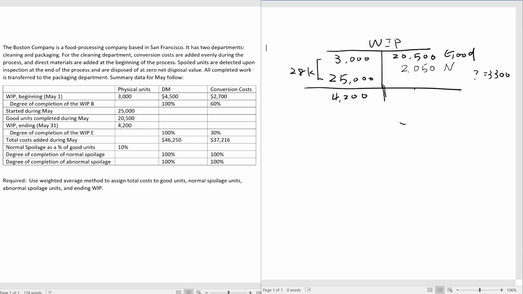Then we can determine abnormal spoilage units using 3,300 units minus 2,050 units equal to 1,250.